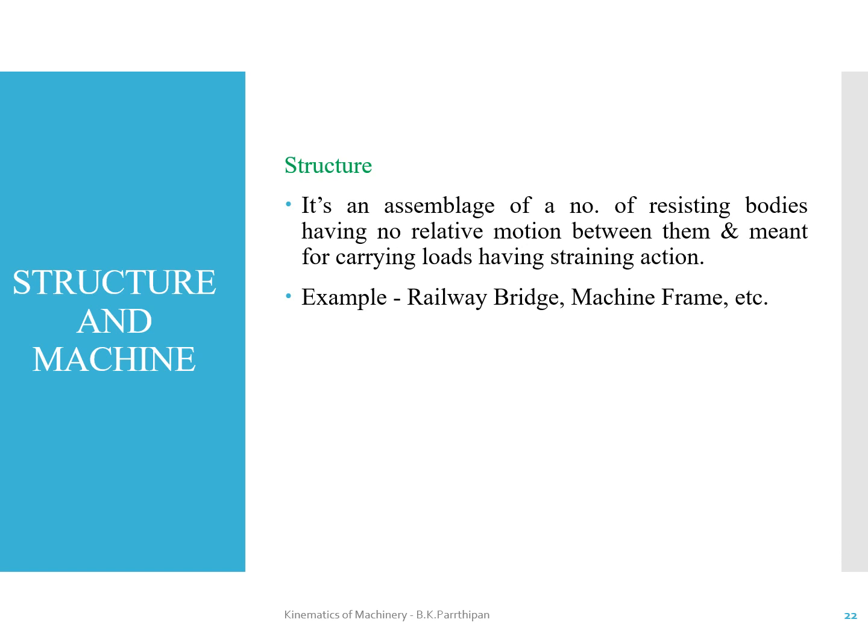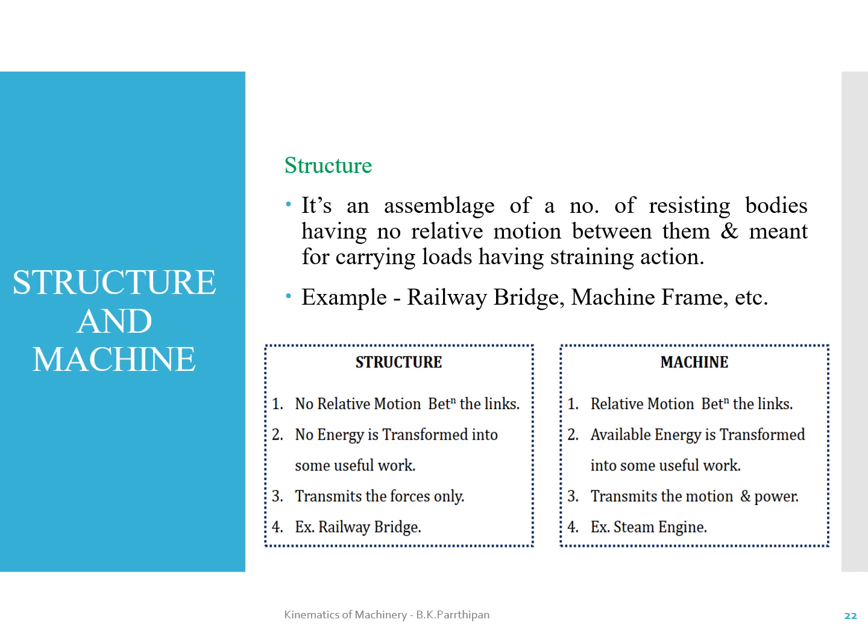Now the difference is, in case of a structure, there is no relative motion between the links. But in case of a machine, there is relative motion between the links. In a structure, no energy is transformed, but in a machine, available energy is transformed into useful work. Structure transmits the forces, machine transmits the motion and power. The example for structure is railway bridge, and the example for machine is steam engine.